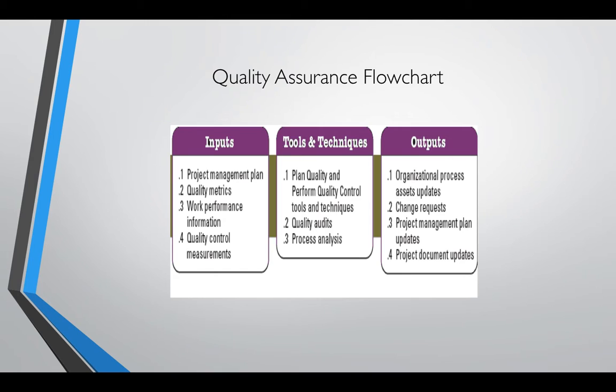Tools and techniques, we would perform quality and quality control tools and techniques, quality audits, and process analysis. Output would be organizational process assets updates, change requests, project management plan updates, and project document updates. So again, this is not from your textbook. This is just something I wanted to add.